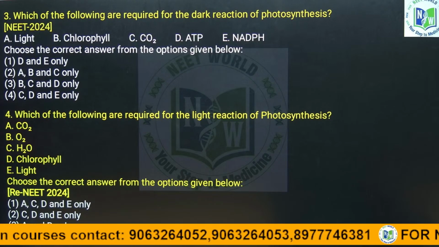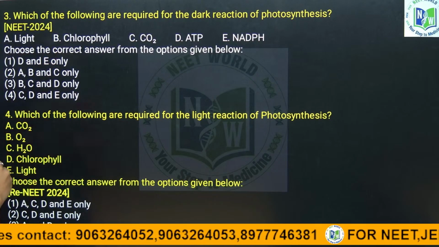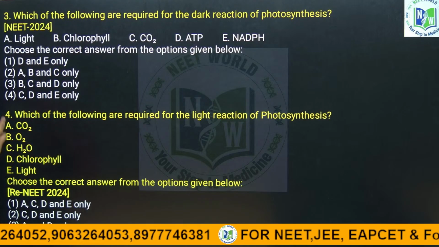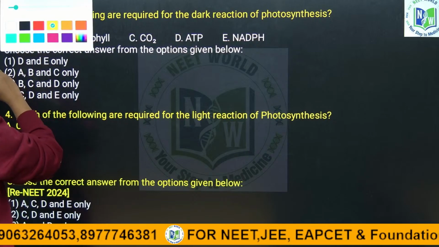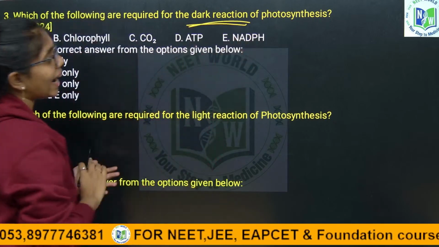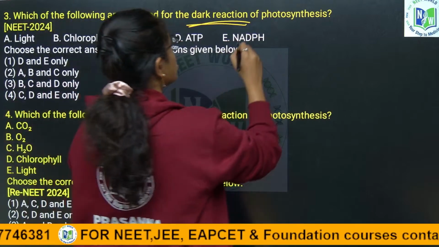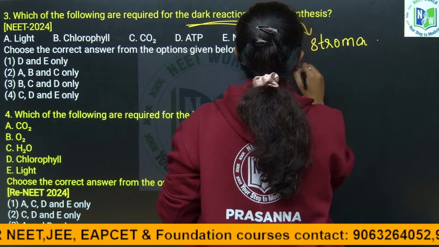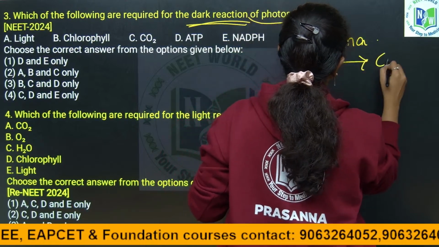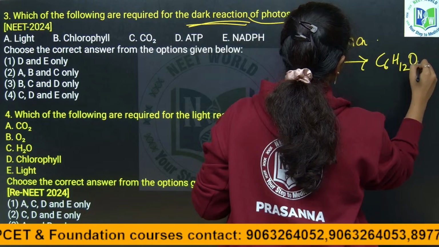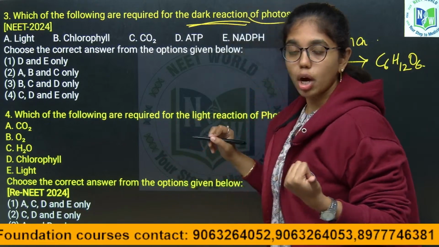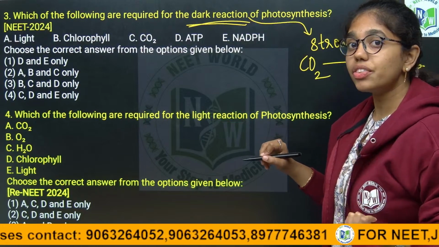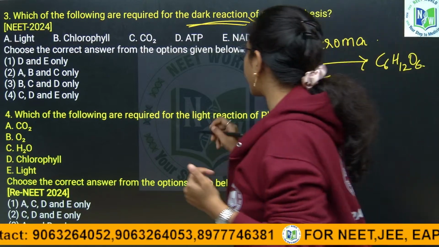Next question: which of the following are required for dark reactions of photosynthesis? Dark reaction means light independent reactions, which take place in the stroma of chloroplast, where carbon dioxide is fixed or reduced to glucose, where the C3 cycle is operated in C3 plants, C3 and C4 in C4 plants, and C3 and CAM cycle in CAM plants.